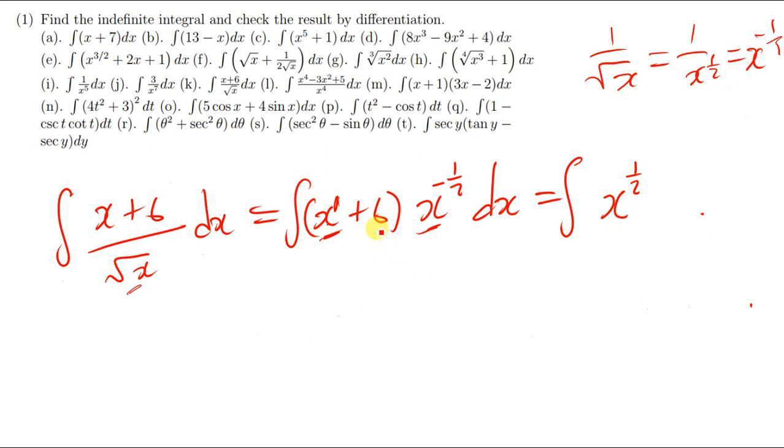Then when you multiply 6 times x to the power negative half, you're going to have 6x to the power negative half. Then we have dx.